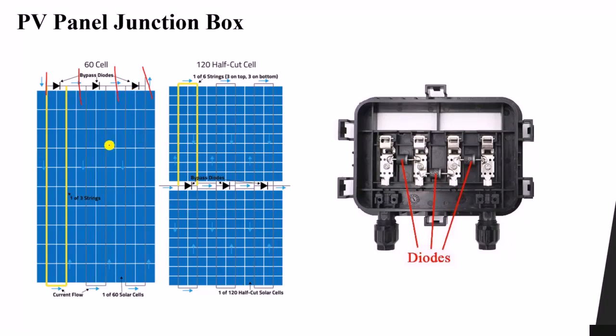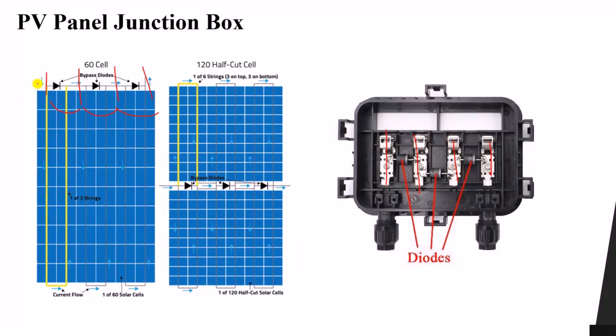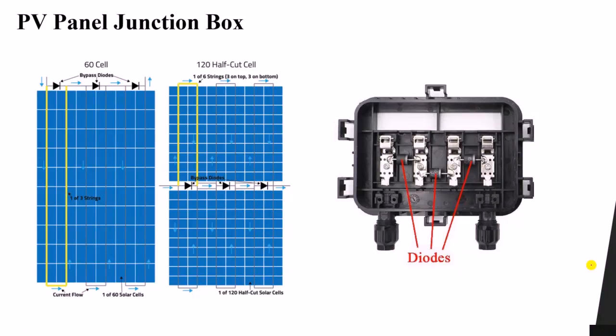String here means a string of cells. So we have the first part, the second part, and then the third part, which represents the equivalent of this. And of course, we have two terminals, this terminal and another terminal here. So I hope this configuration is clear for you now.